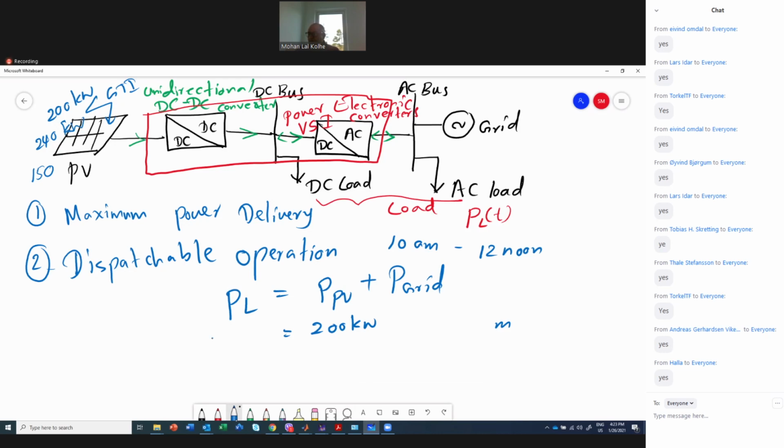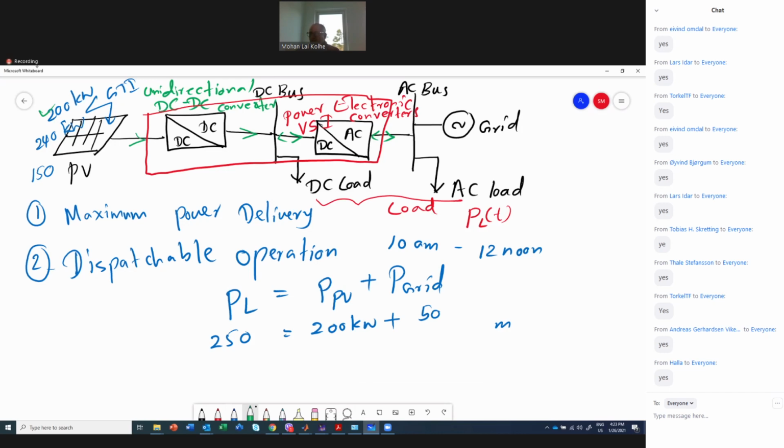The load power is 250, so to meet the load demand, the grid has to provide the remaining 50 kilowatt. This is okay for this situation, because the maximum power is 200, so there is no problem.